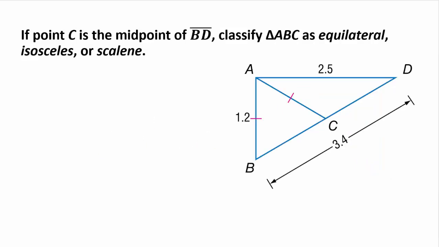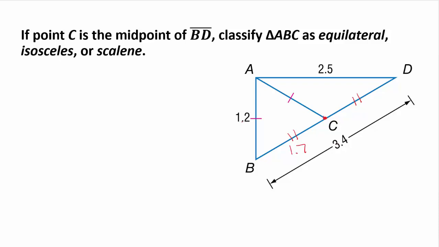Okay, we've got one last problem before we finish up with 4-1. If point C is the midpoint of BD, classify triangle ABC as equilateral, isosceles, or scalene. Now, if we take a look at this triangle, C is the midpoint. Once again, we're going to bisect this line segment. That means these two are going to be congruent to these two over here. BC is congruent to CD, and if we take half of 3.4, that's going to give us 1.7.